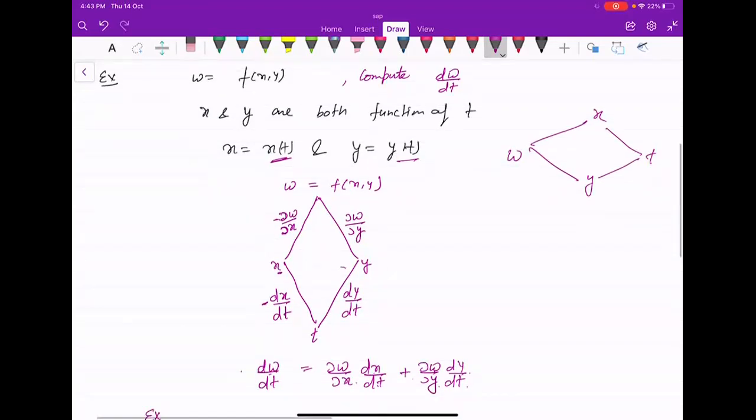So these are the two steps involved whenever we are computing dw by dt. In one dimension we can directly say w is a function of t. w is a function of t here also, but it is associated with two different variables. Okay? Thank you, ma'am.